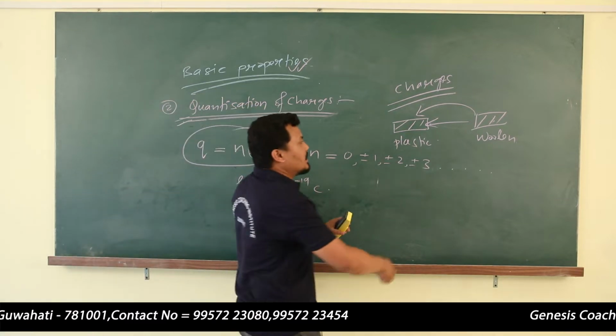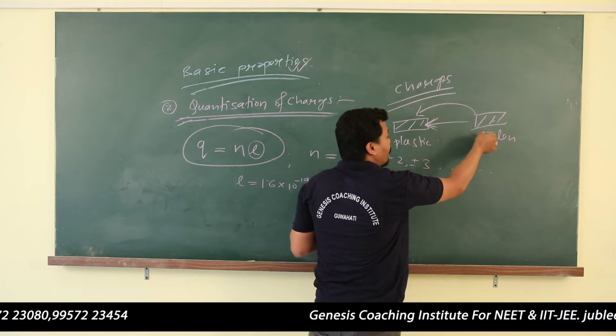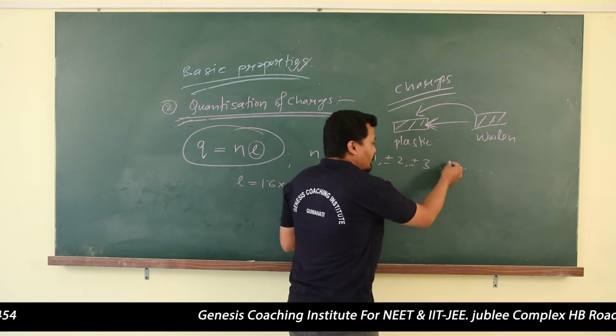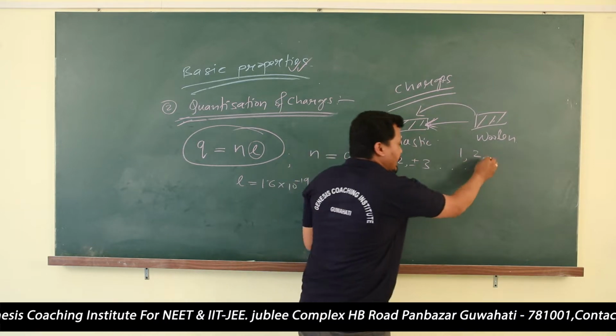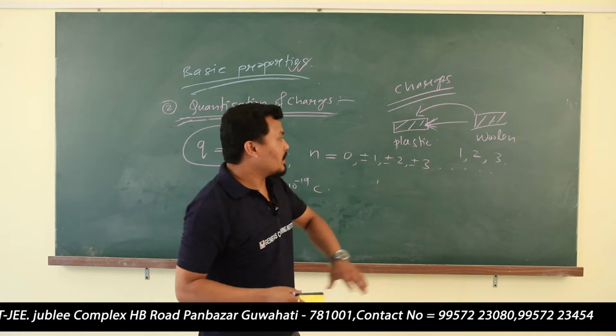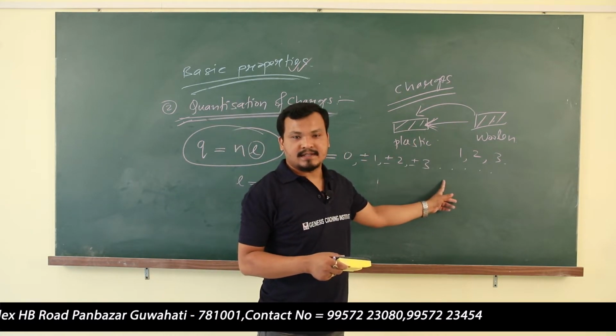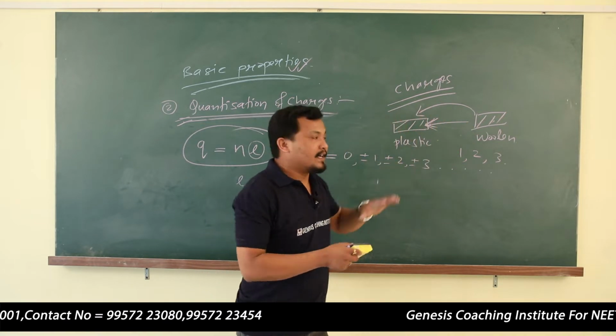So first, when we rub, the charge starts to flow from woolen to plastic. First 1, next 2, next 3. That means it moves in discontinuous or discrete amounts of charge. The flow of charge is not continuous. The flow of charge is discontinuous.